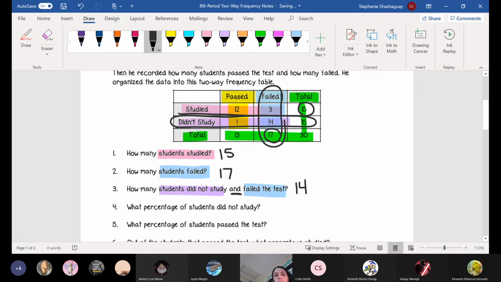Now they're asking for a percentage of students who did not study. So we have students that studied and didn't study. This is our row. So we're looking at our rows. What percentage of students did not study? And we're comparing that to the total.